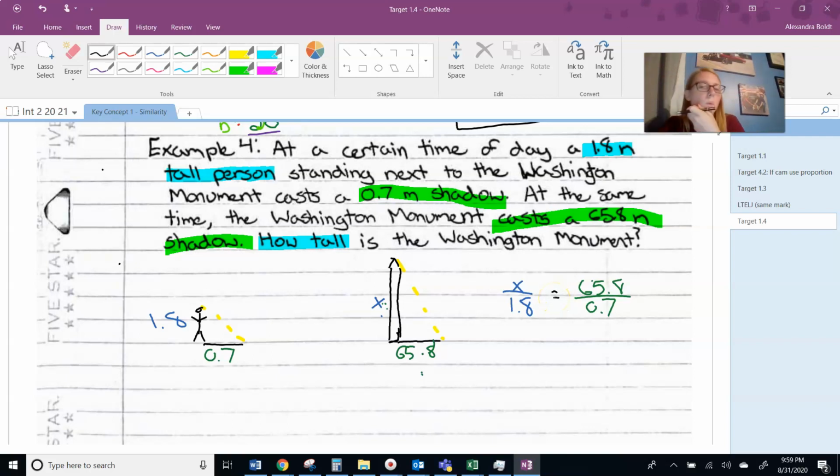And again, those are equal. Cross multiplying, I have x times 0.7 and 1.8 times 65.8.